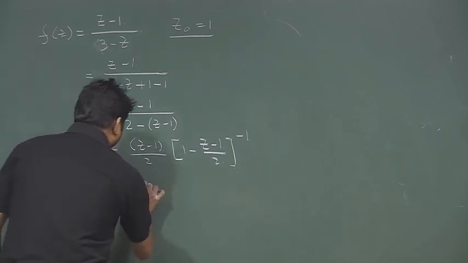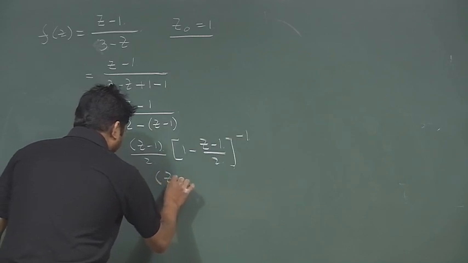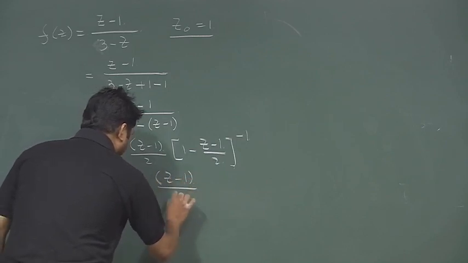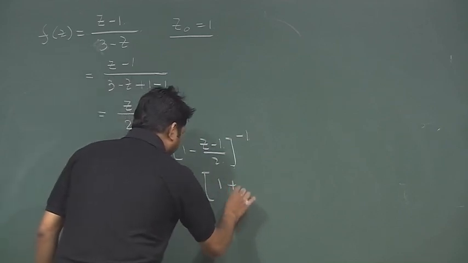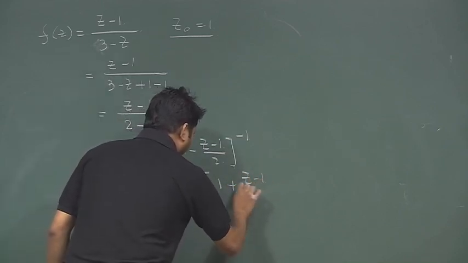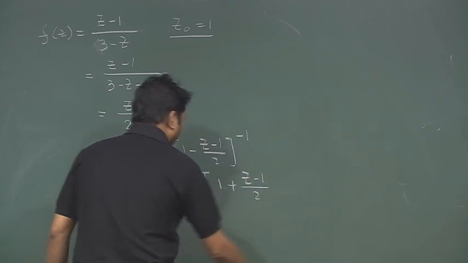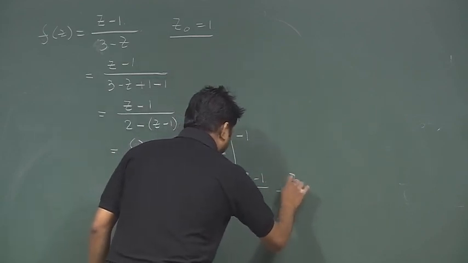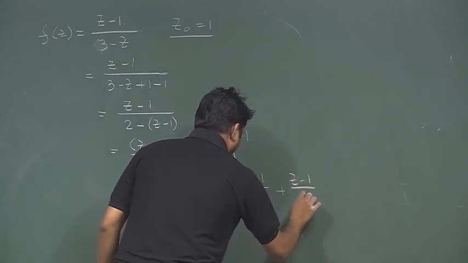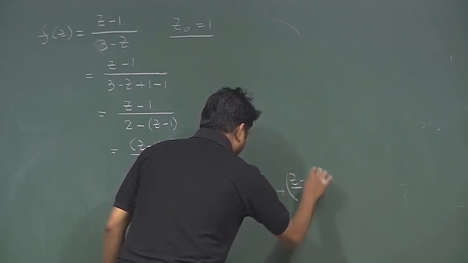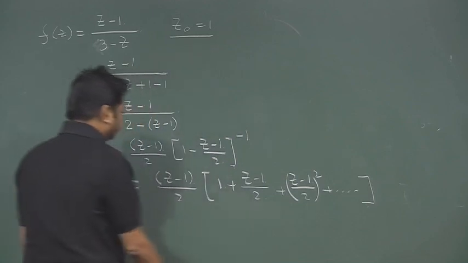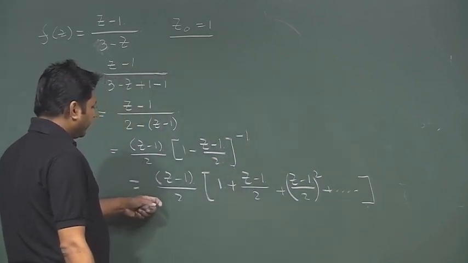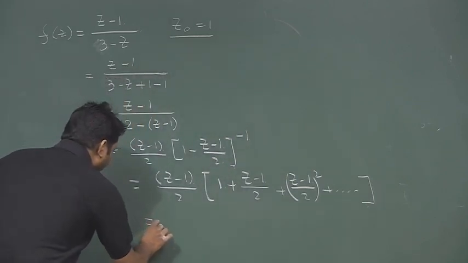Now, I will expand this (z minus 1) by 2: 1 plus (z minus 1) by 2 plus ((z minus 1) by 2) square, and so on. So, the expression I already have.